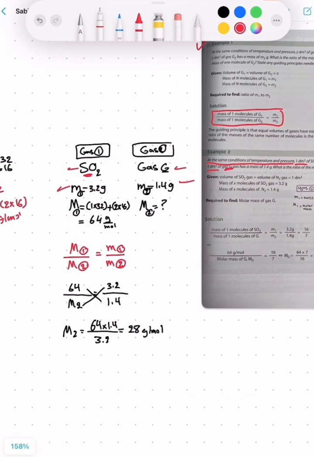Can you calculate the molar mass of gas G? It's unknown, we do not know the formula, so no. But write down the rule, write down what you have. So M1, molar mass 1 is 64, molar mass 2 is unknown, mass 1 is 3.2, mass 2 is 1.4, and cross multiply, you get your answer in gram per mole, which is the molar mass of this unknown gas.